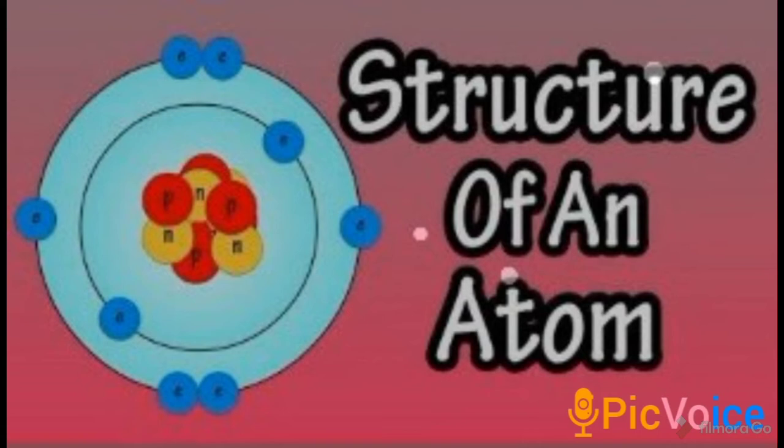It is neutral. Protons and neutrons are present in the small nucleus at the center of the atom, and electrons revolve rapidly around the nucleus in fixed circular paths called energy levels or shells.